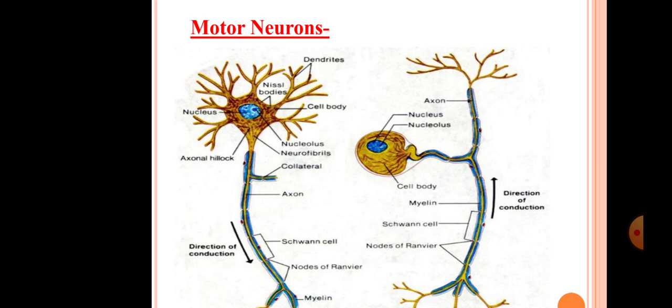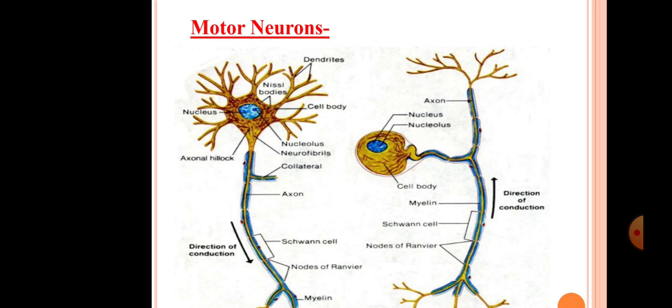For faster transmission of signals, a large diameter of the axon is required, and these axons are covered by Schwann cells, which secrete the myelin sheath. The gaps are called nodes of Ranvier. The nodes of Ranvier again help in increasing the efficiency of transmission of signals.